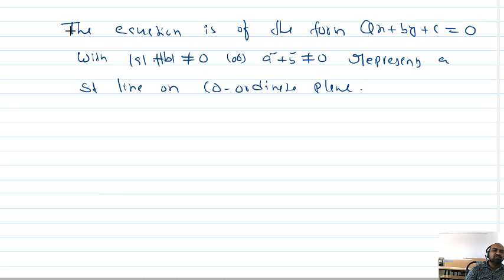So this is important, students. Any equation of the form ax plus by plus c equal 0, under one condition, represents a straight line on the coordinate plane.